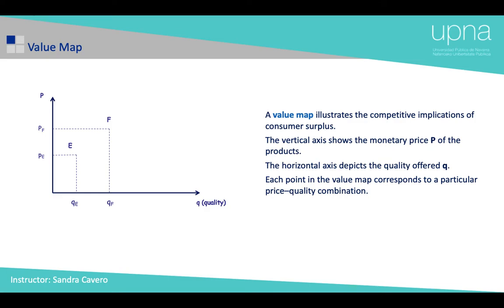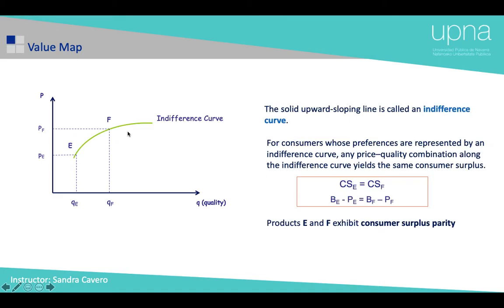So here in this value map, it's represented the position of two firms, firm E and firm F. Firm E is offering a product whose quality level is QE and is asking a price PE for it, and firm F is offering a product of quality QF and asks a price PF for it.